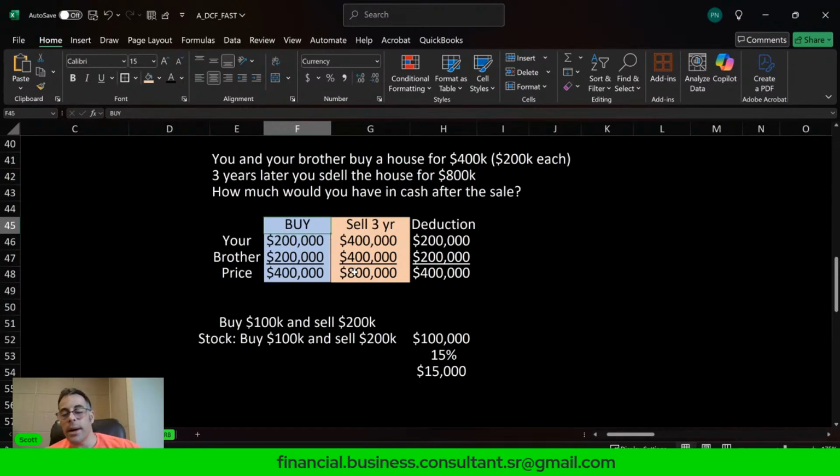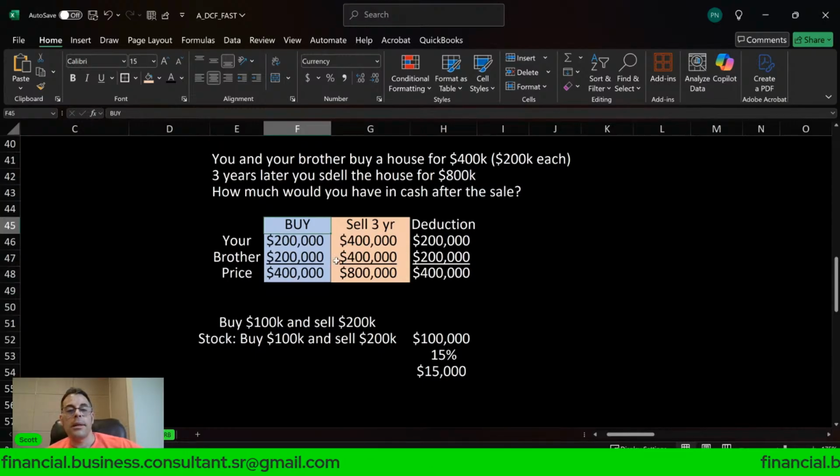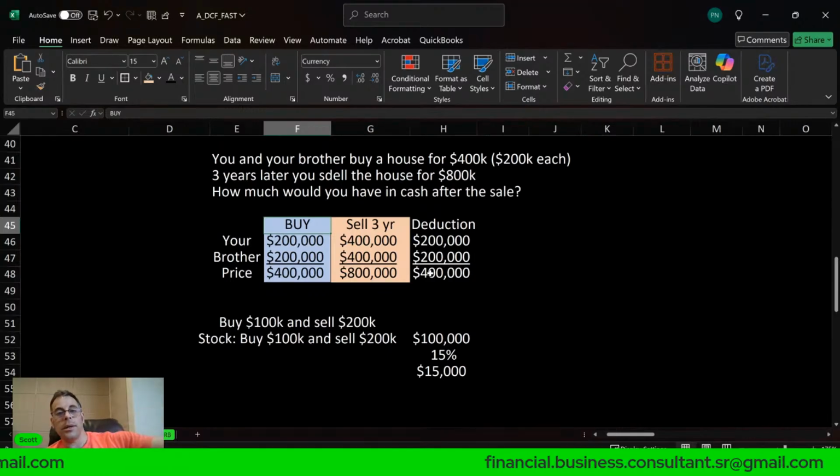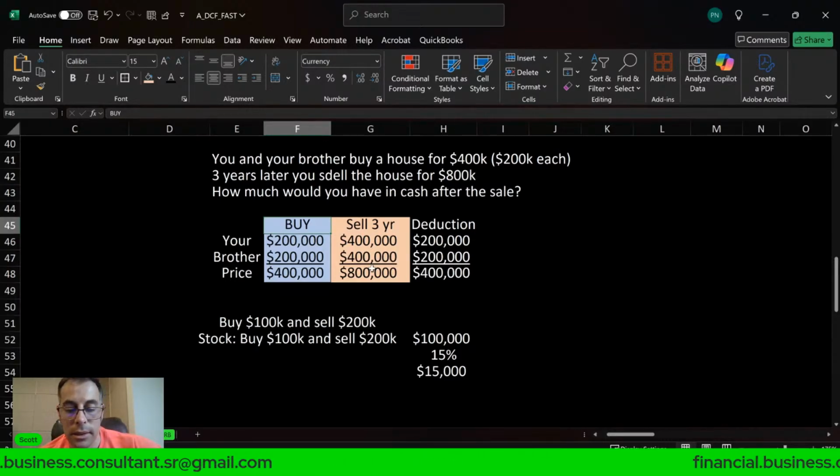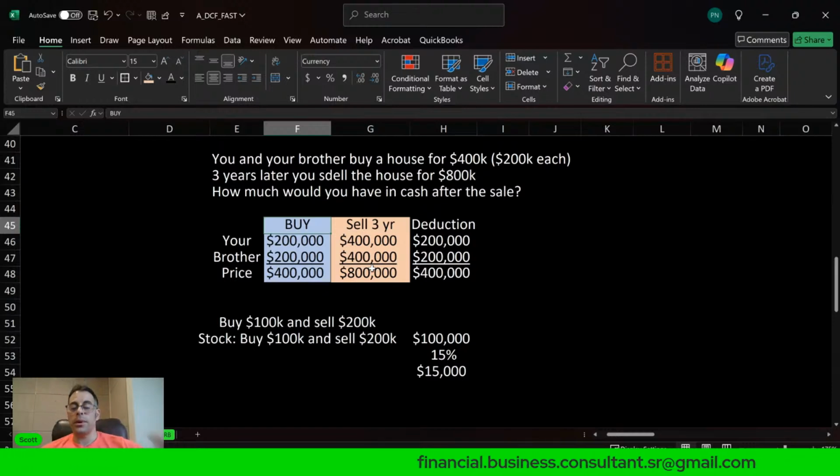Then somebody wants to buy it for $800,000 and you sell it. How much money would you have in cash after the sale, after taxes? How much would you personally have?